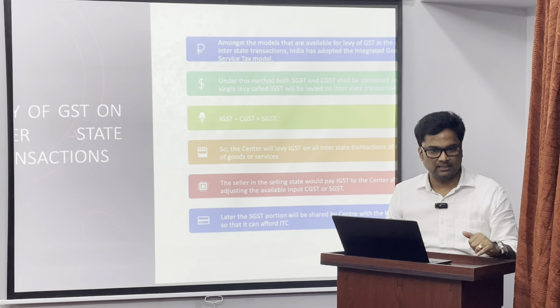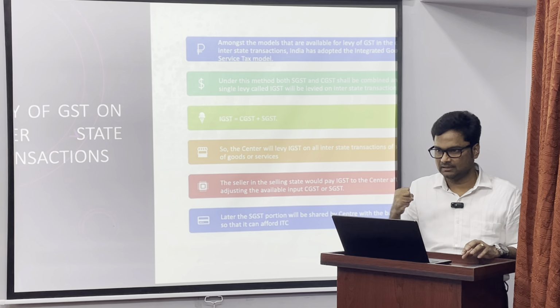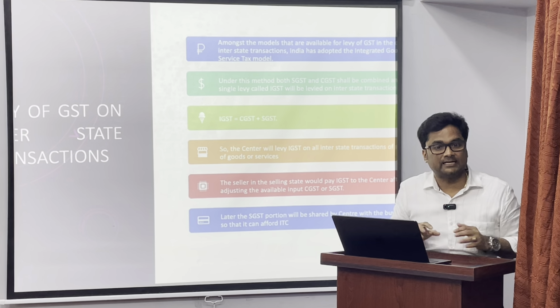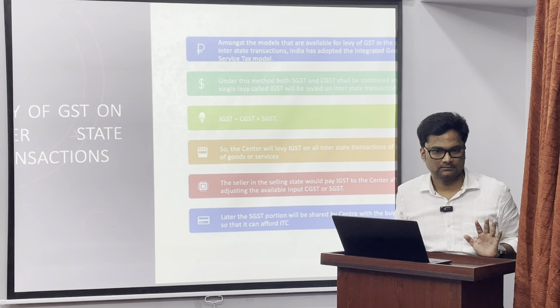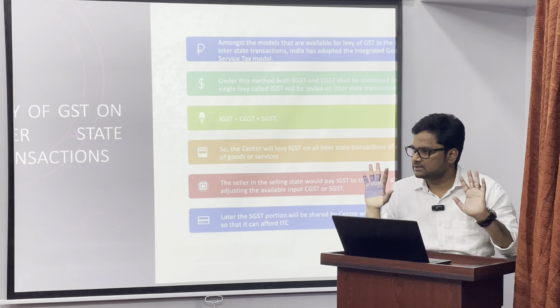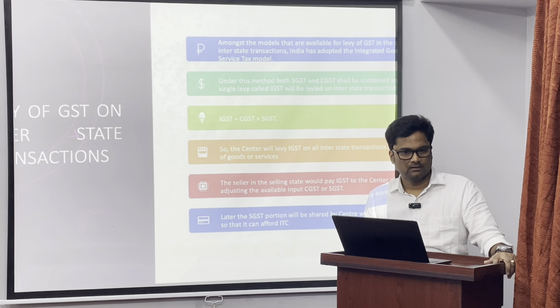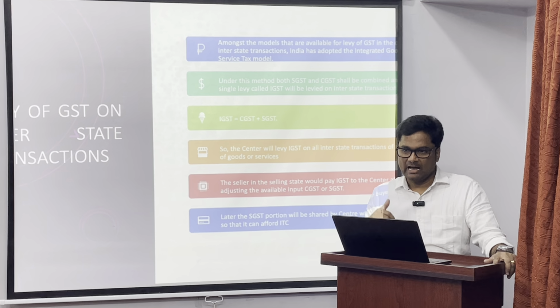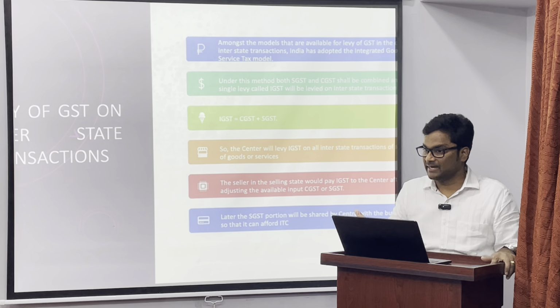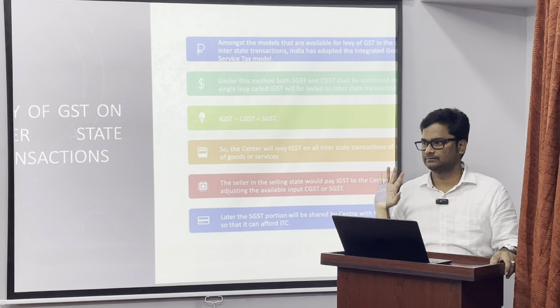In IGST, he is collecting one type of tax, only one, IGST, and pays it entirely to the central government. So then what happens? Having paid IGST, the buyer in Telangana will now take input tax credit.